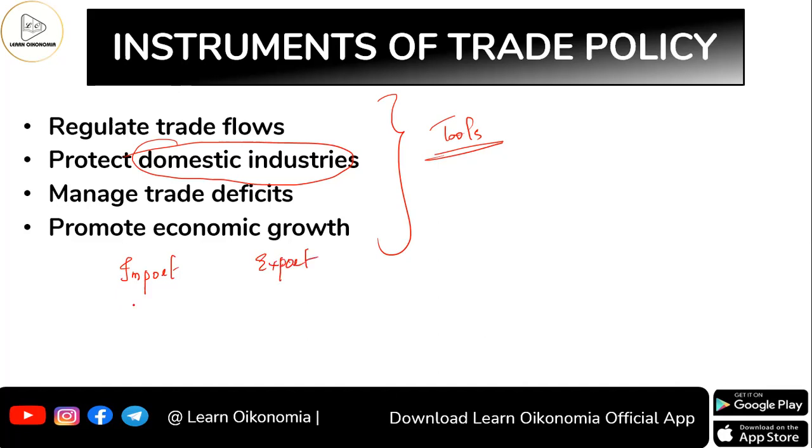The import payment is the money you are required to pay to the rest of the world for the imports, and for exports what you get is called receipts. Since you are giving some commodity to the rest of the world, they give you money in return, which is called export receipts.